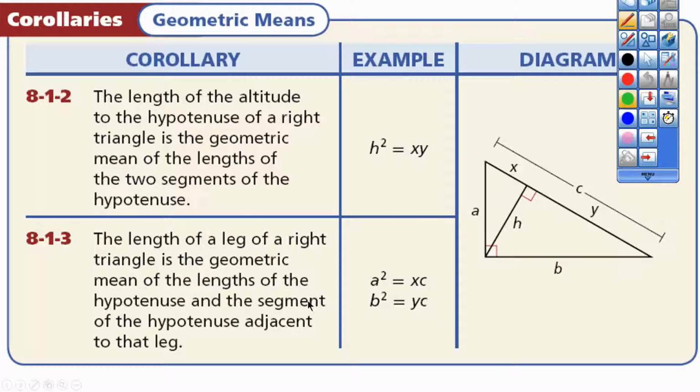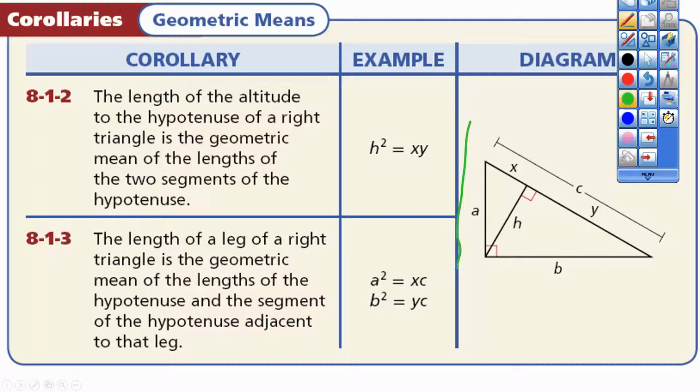So let's take a look. Here is geometric means, corollaries. Knowing that this right here forms similar triangles, then you can write this down. h squared is equal to xy, and a squared is equal to xc, and b squared is equal to yc.